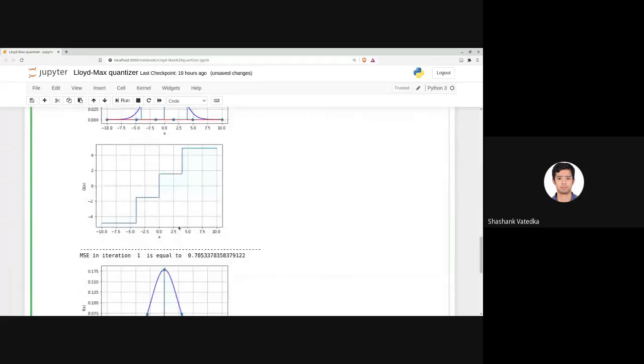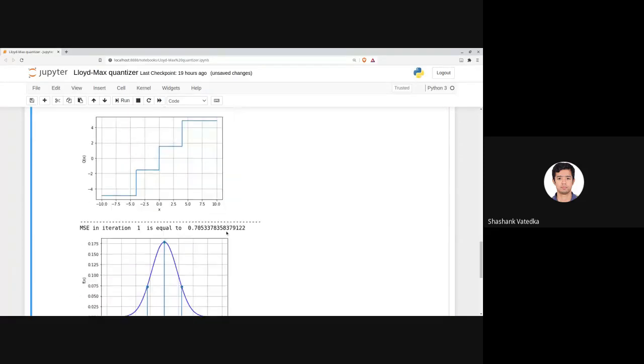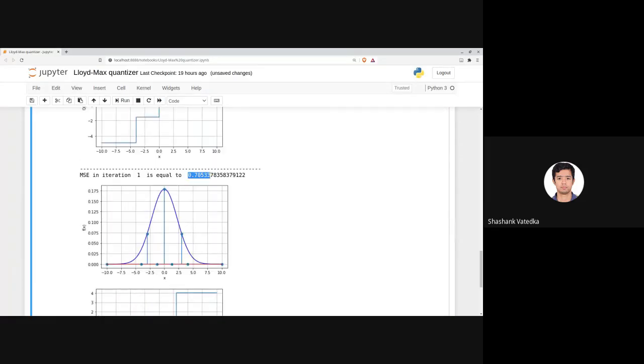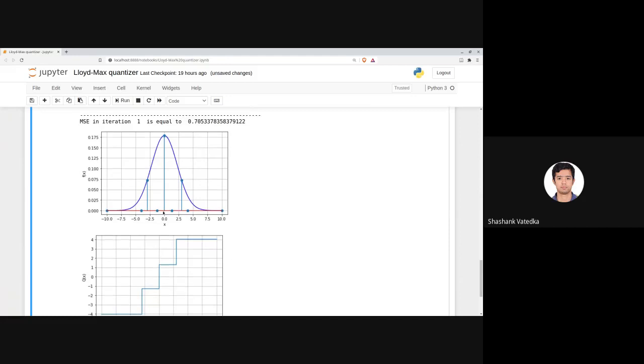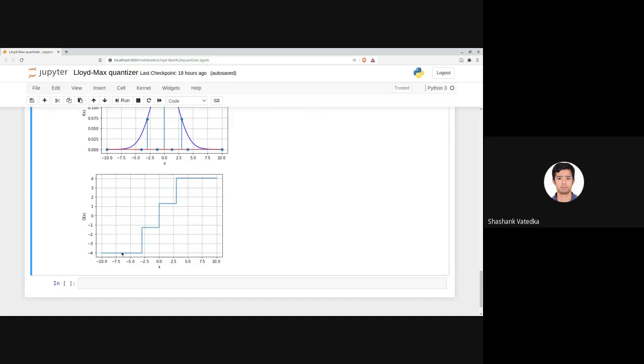I run it for two iterations. In the first iteration it's 1.049, but in the second iteration I see that the mean squared error has gone down. It's only 0.705, and now the quantizer looks different. The quantization levels are these four dots on the x-axis, and the thresholds are basically these. This is what my quantizer is going to look like.